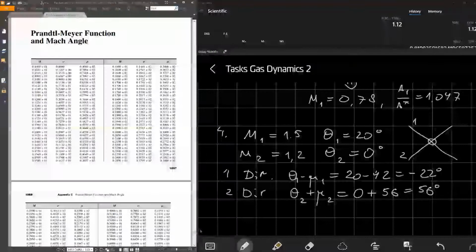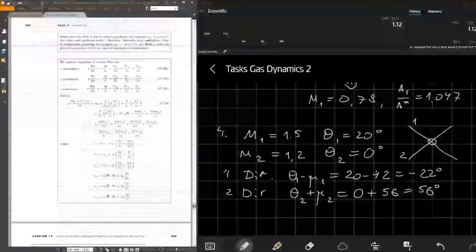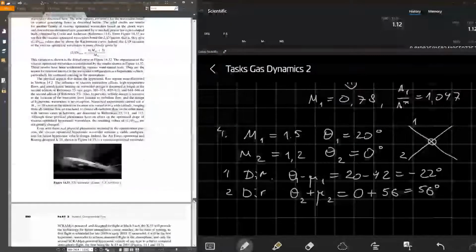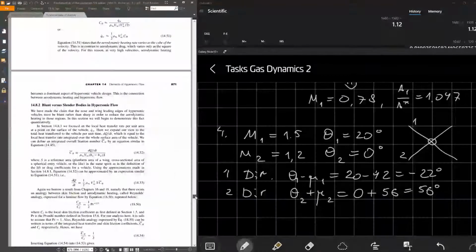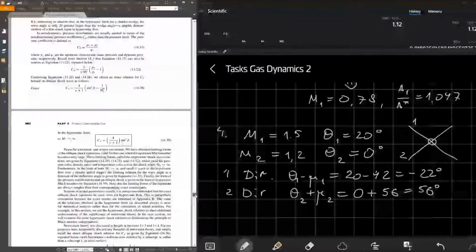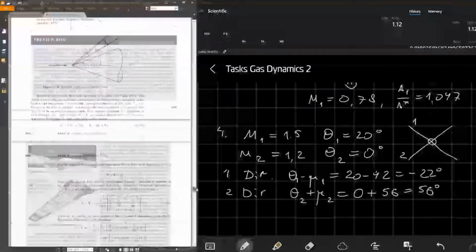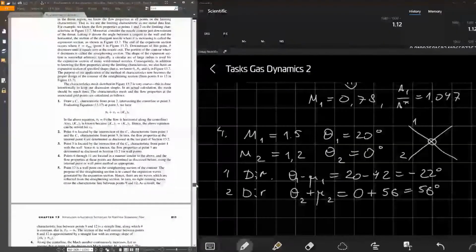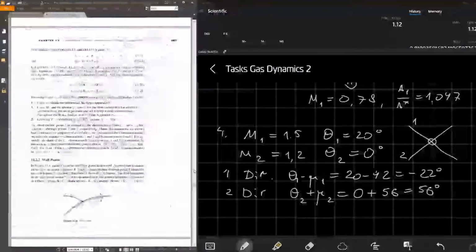I will go to see the theory of Prandtl-Meyer flow. It's not Prandtl-Meyer flow, it's the method of characteristics, but it's based on the Prandtl-Meyer flow, as you already know.